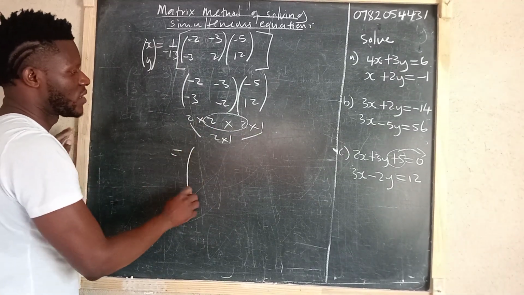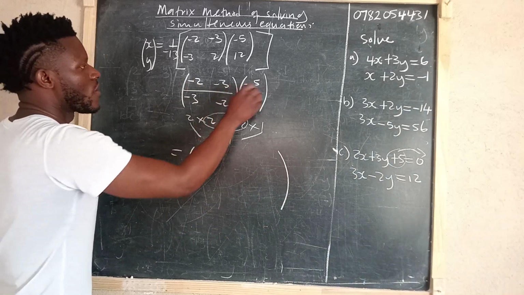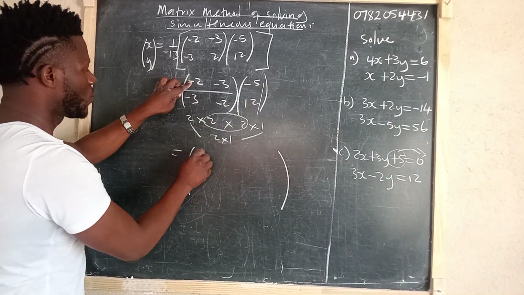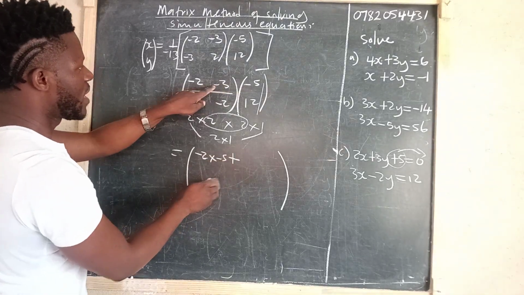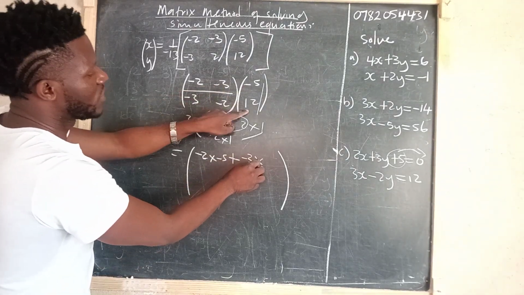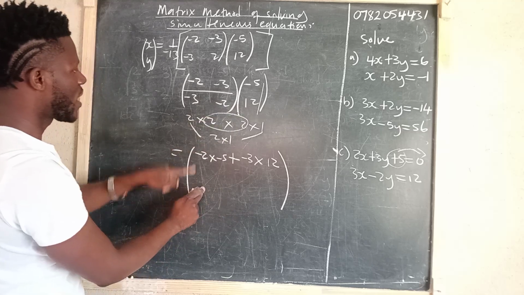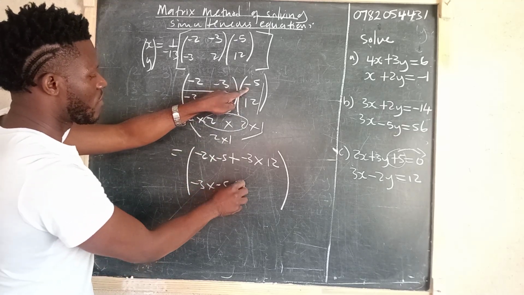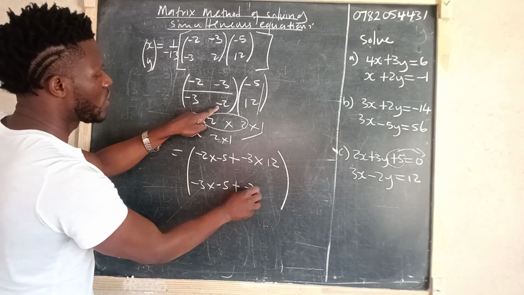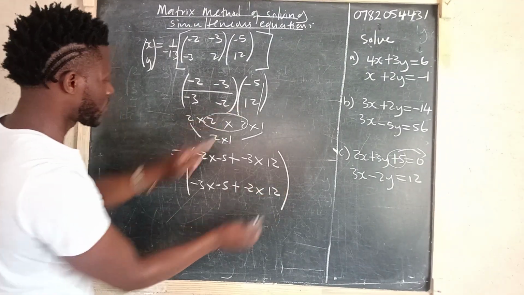So let's multiply row by column. Minus 2 times minus 5 plus minus 3 times 12. Then this one, minus 3 times minus 5 plus minus 2 times 12.